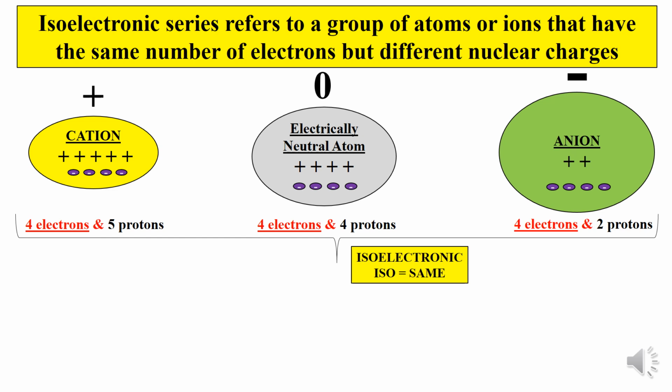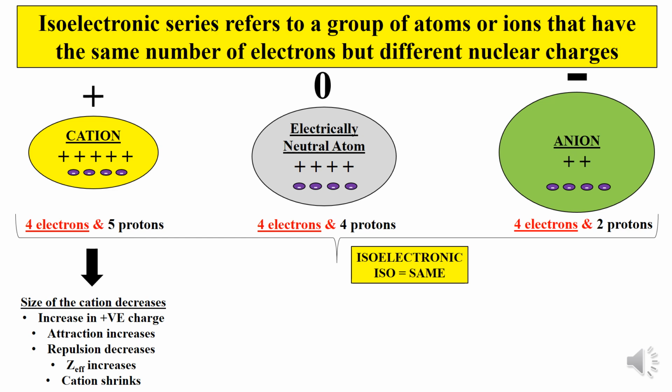Now what about protons? They have different numbers of protons, and let's see how the varying number of protons affects their respective sizes. In the case of the cation, the size of the cation decreases because there is an increase in positive charge, and as a result the attraction increases and repulsion decreases.